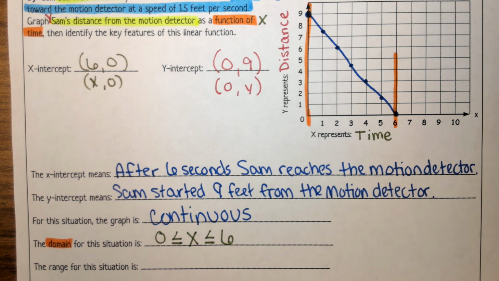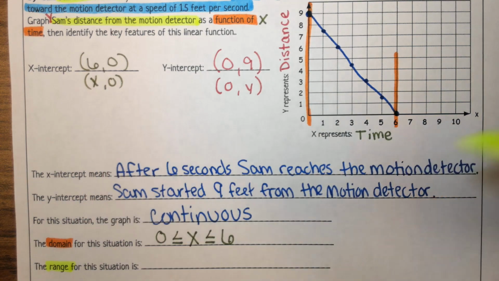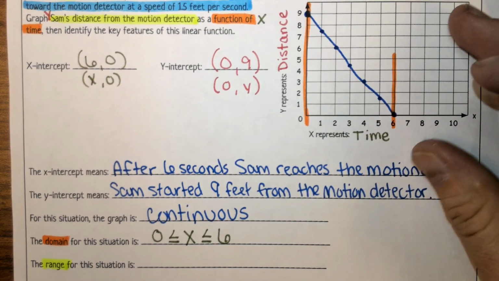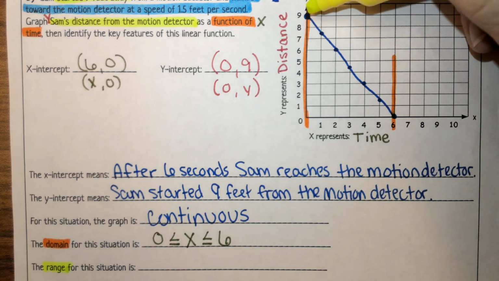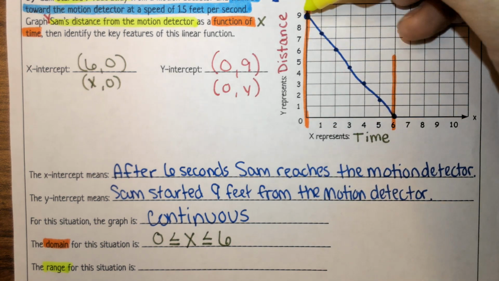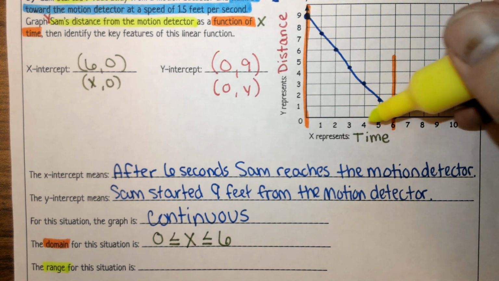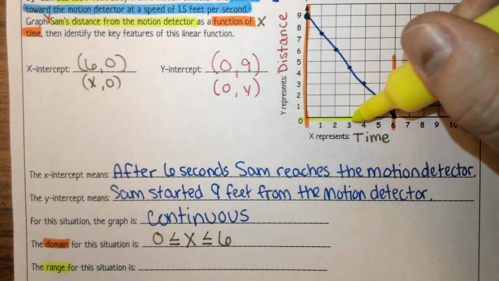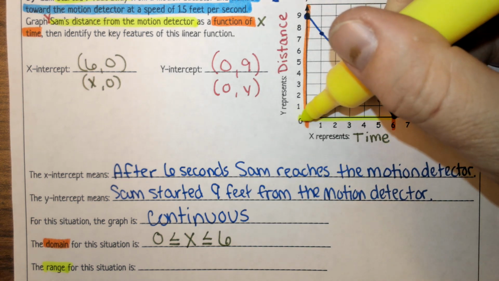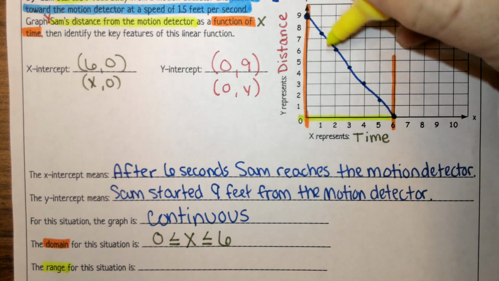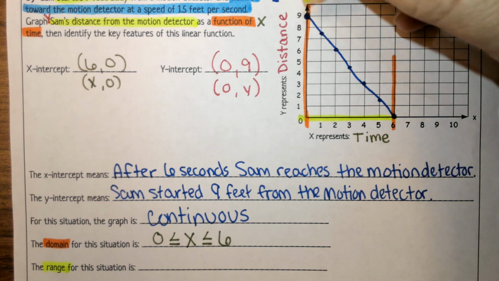Okay, last one is the range. So remember, range is y. So now I look at my graph and I look at the y-axis values. What's my lowest? If I go all the way down this line and go over, my lowest y is 0. And I go up the line, and then my highest y is 9.